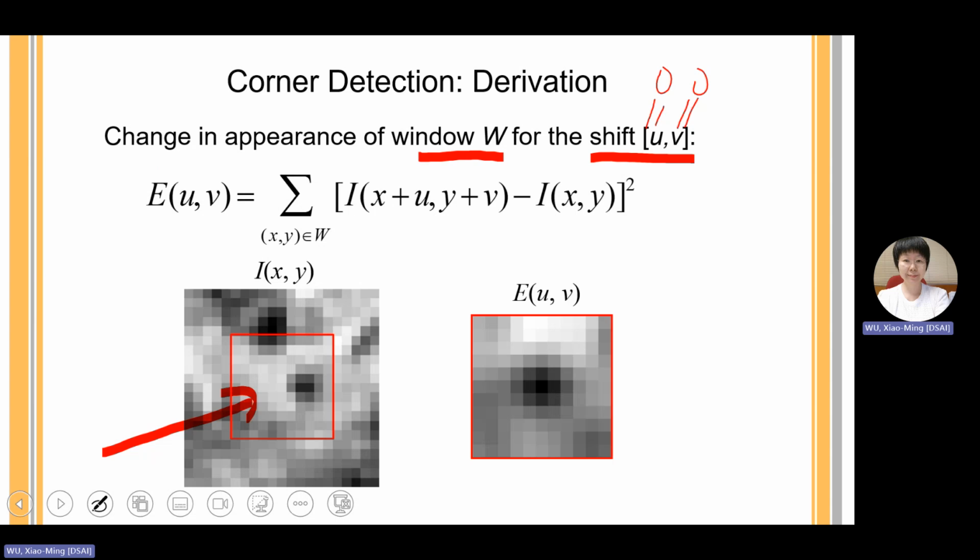No shift means there's no change in the pixel values. So E(0,0) is 0 when u and v are 0.